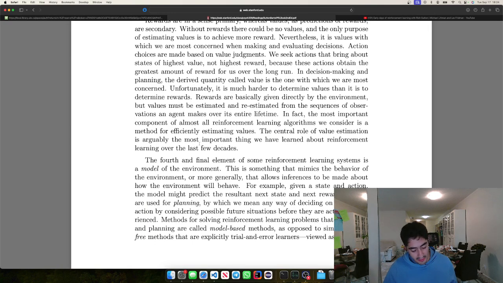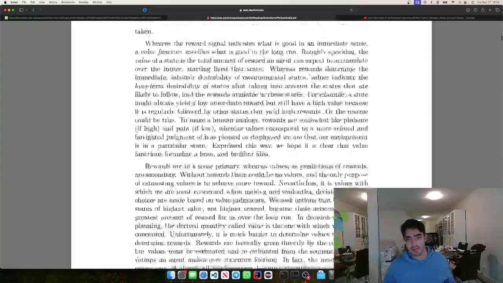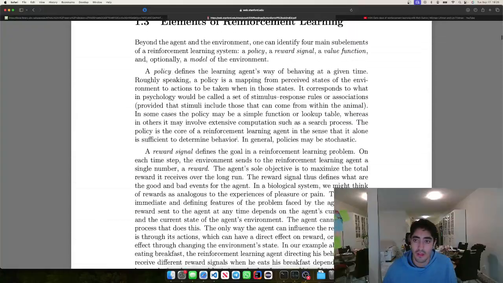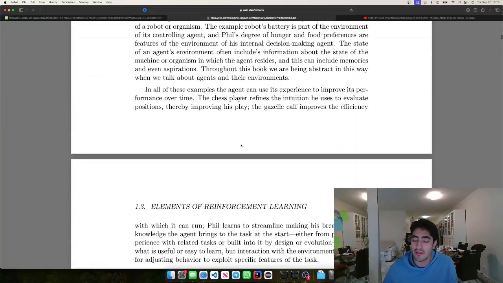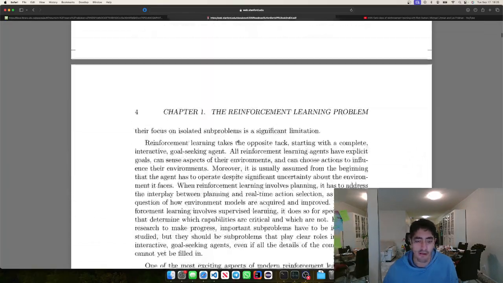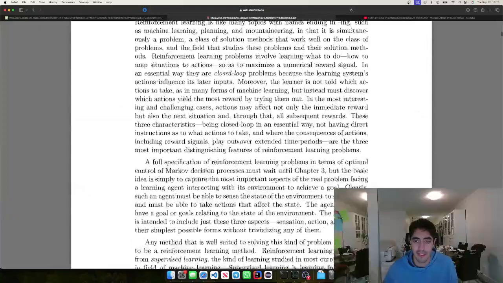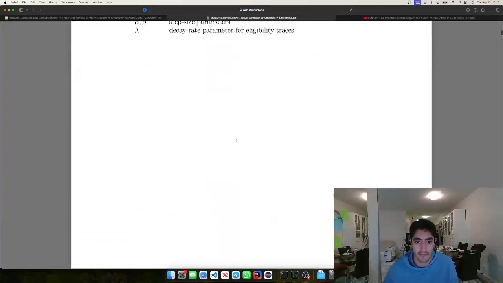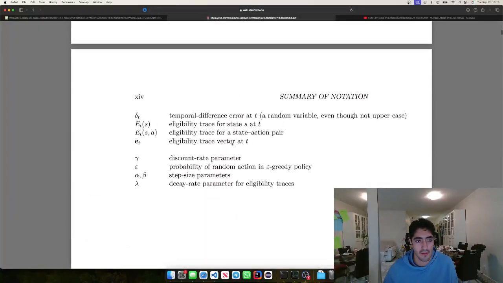So you need to plan. All of this is to maximize your rewards, and because of that, the whole thing should work.